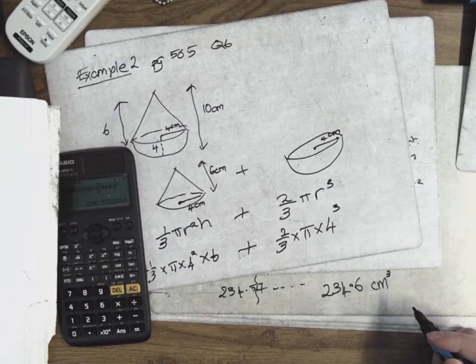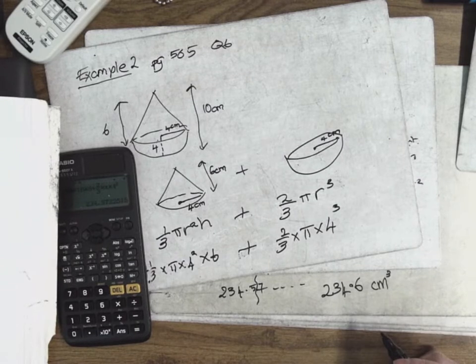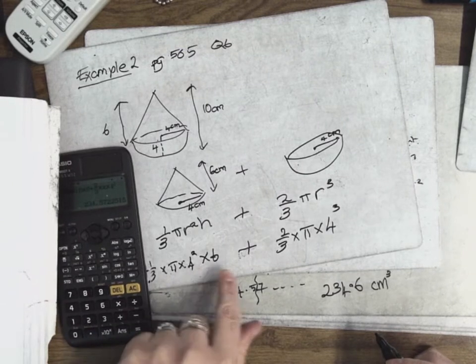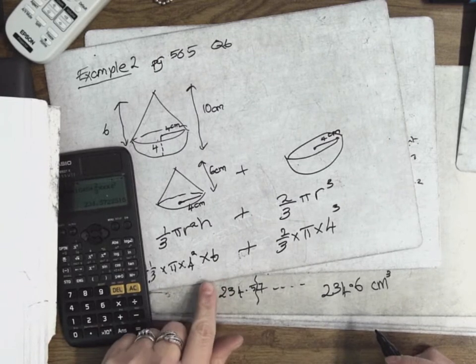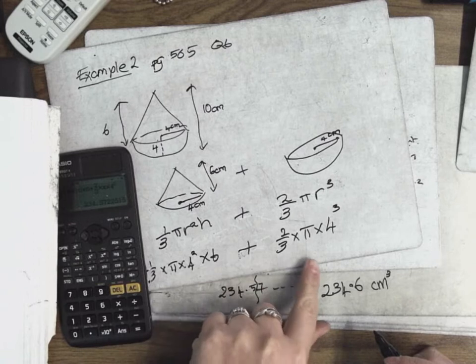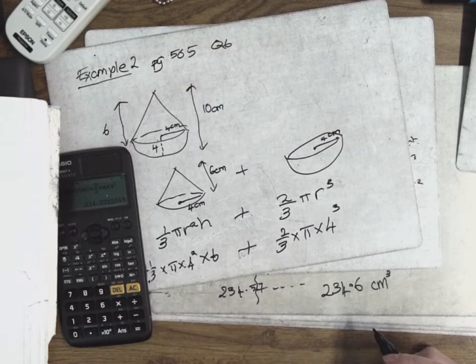When I was doing it, I did the volume of the cone first and then the volume of the hemisphere, but I got 234.7. You rounded up too soon. Did you round the cone and the hemisphere first? What you should do is go to at least 2 places of decimals on these and then round at the end.